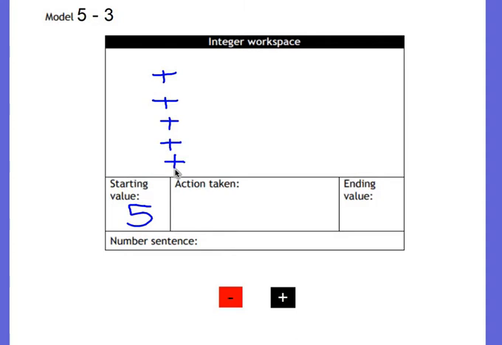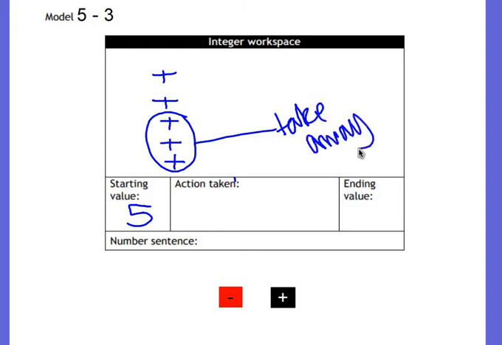What kind of chips do I need to take away? Positive chips. How many positive? 3. 3 positives, and I'm going to take away. How much am I left with? 2. That's why it was elementary school stuff, because that was easy, right? But we had to see what the process looked like to apply it to some other problems.